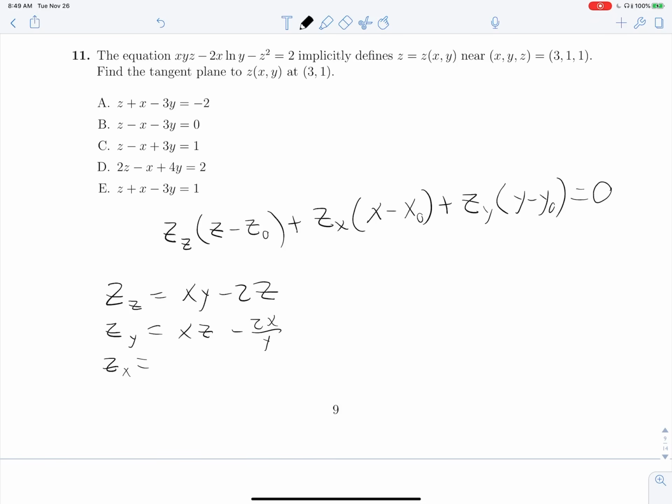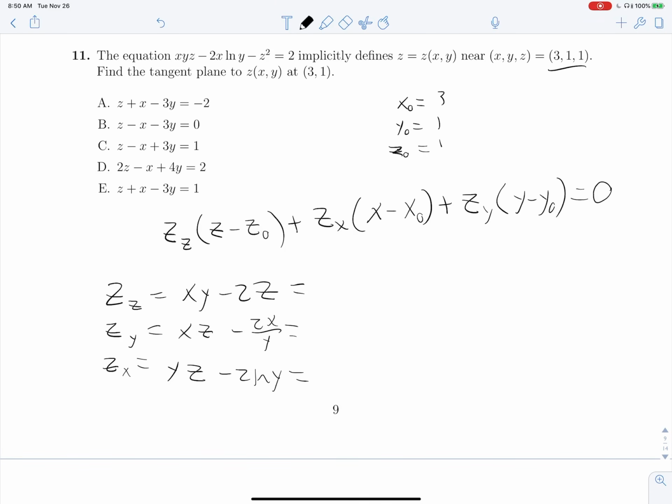And zx is going to be yz minus 2 ln y. So now we know what x, y, and z values we're at. Let's just write this out. Our x naught, y naught, and z naught of 3, 1, 1.